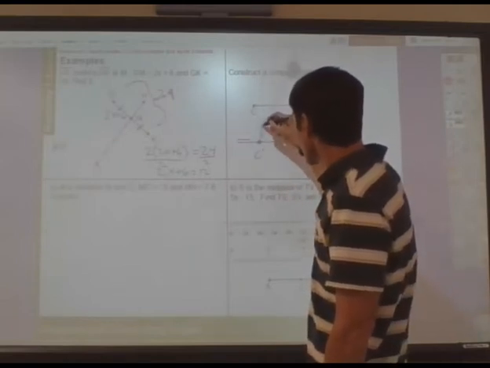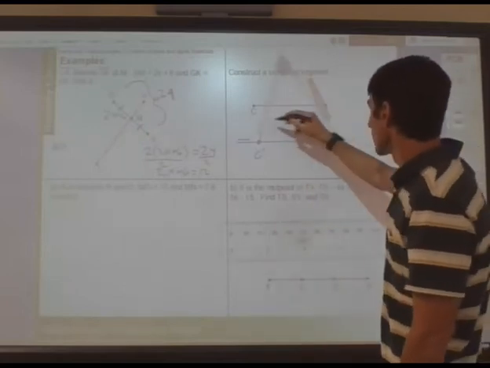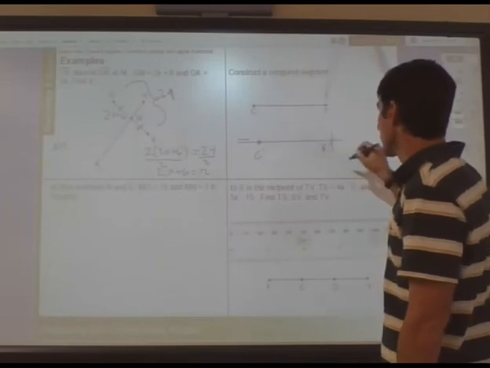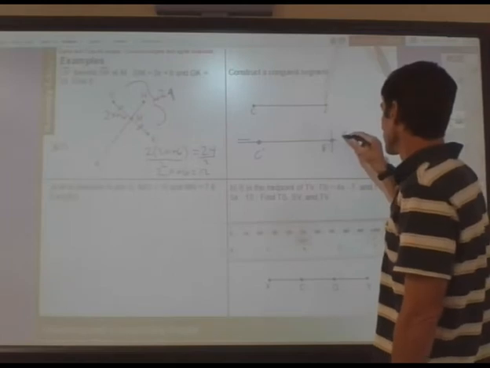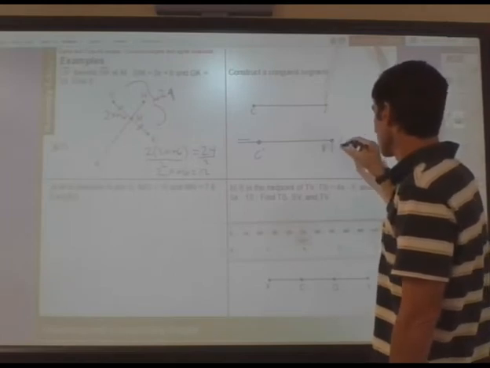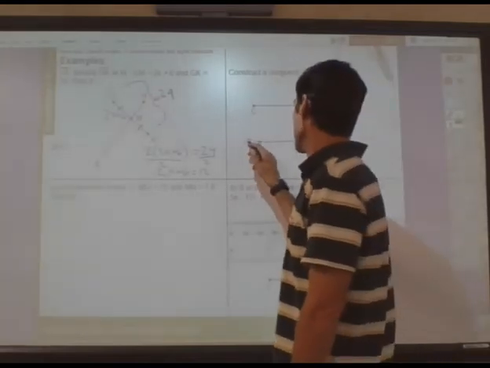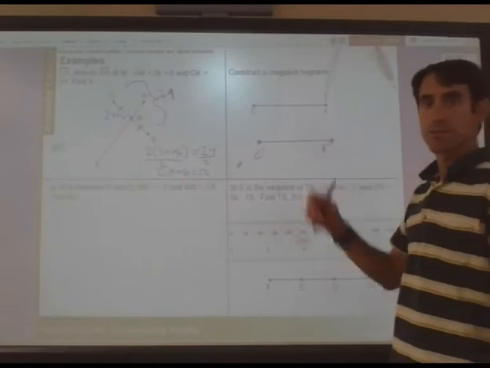I'm going to put my compass on C prime, make an arc, so I know that F prime must be here, and therefore, if I were to do some little erasing, just to make it look better, we have a segment that is congruent to CF.